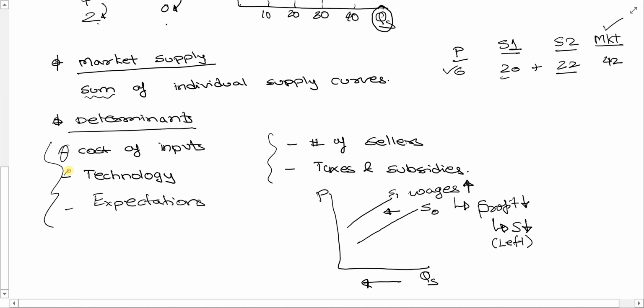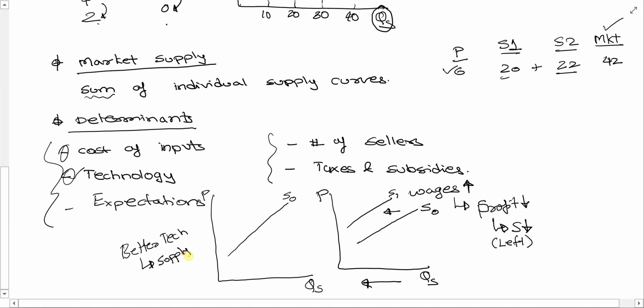Take another example, technology. Say you have improved technology to make cars, right? So if you think about supply of cars today, and if the technology improves over the next 10 years, which is what typically would happen, then better technology would allow us to supply more cars for the same amount of time, given everything else is held constant.